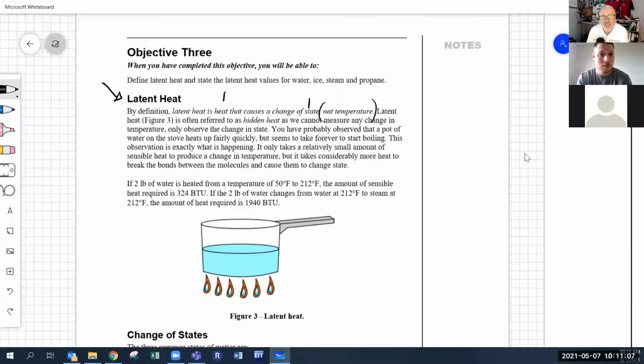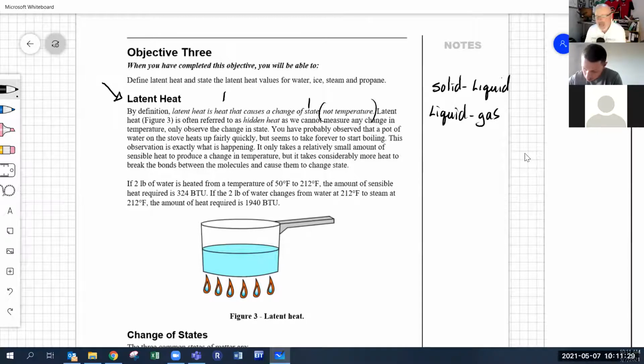So with change of state, we know that we can go from a solid to a liquid, and we can go from a liquid to a gas. Those are the changes of state that we need to be concerned about.